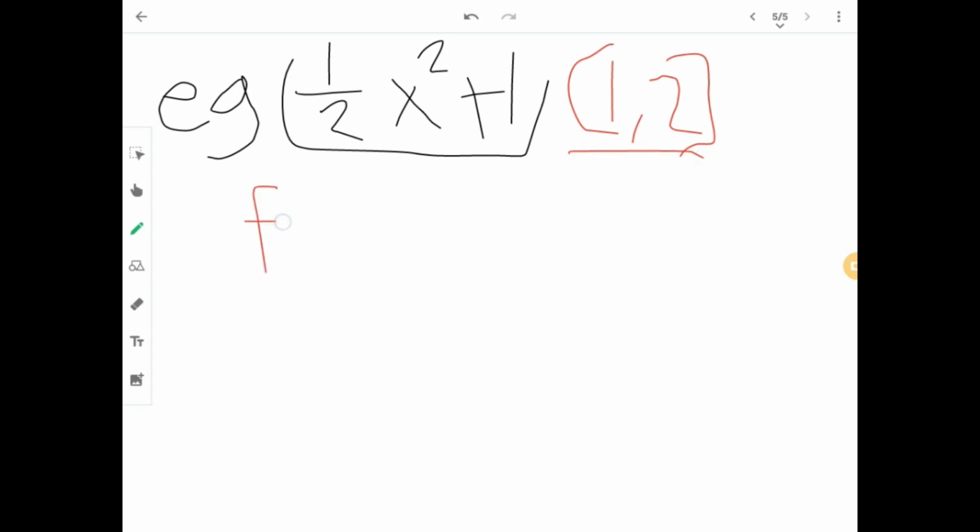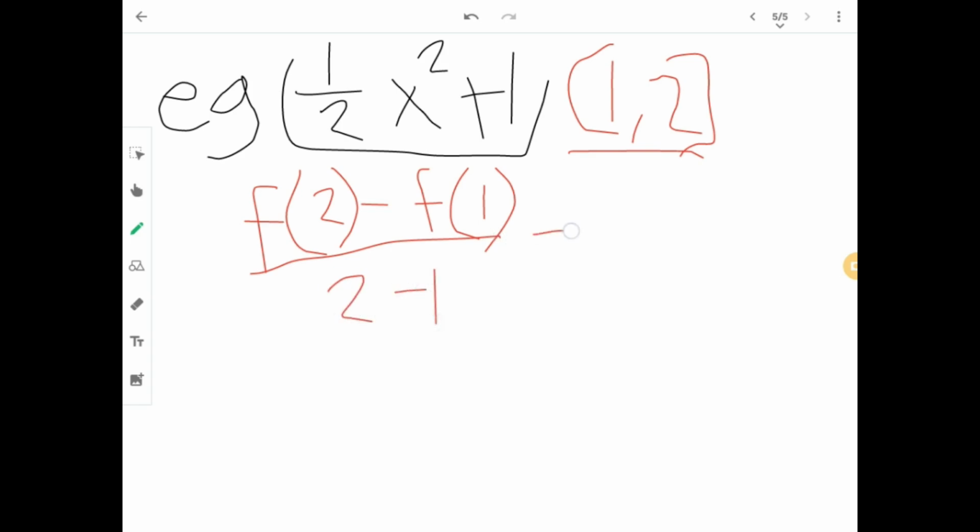So you do f of 2 minus f of 1 over 2 minus 1. So that is half of 4 plus 1, so 3 minus 1.5 over 1, so this is equal to 1.5.